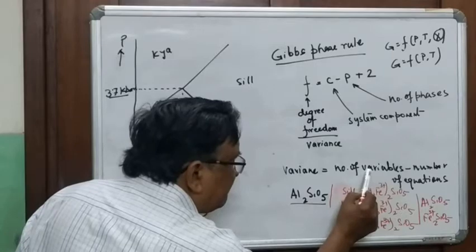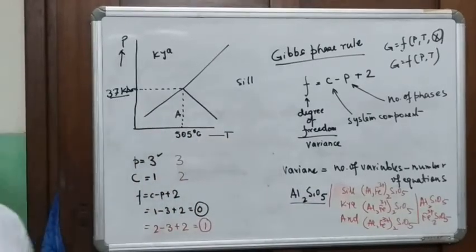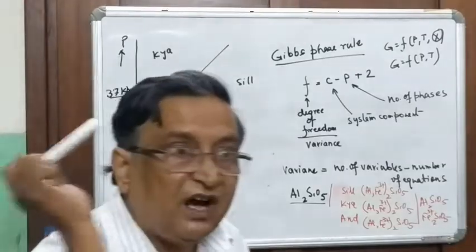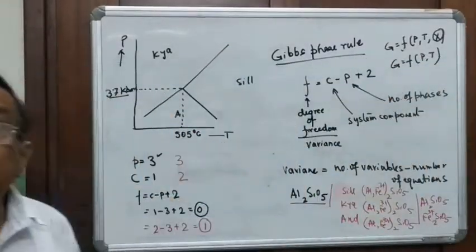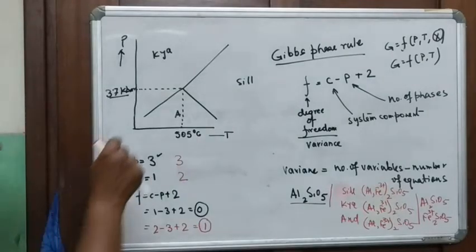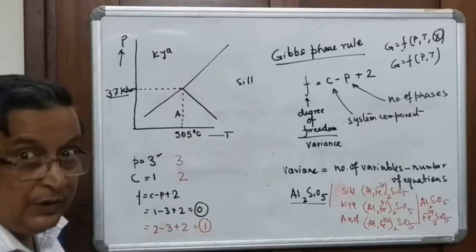That means number of variables is equal to 1 plus number of equations. That means one additional piece of data you need. That means you don't have a unique PT value.